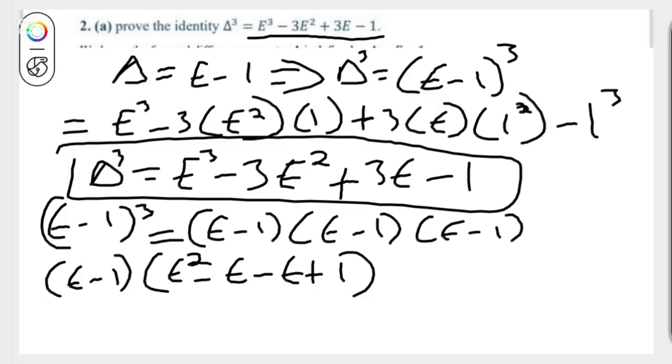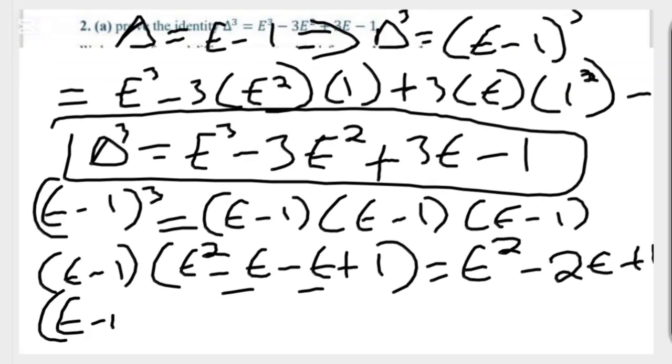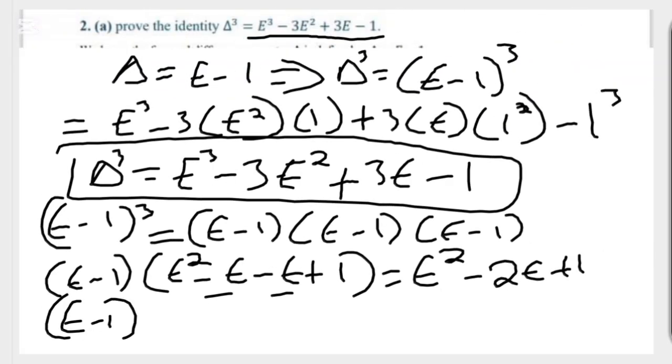So as you can see, I've done with that. This is the same thing as saying it will now become e squared minus e minus e, I'll get minus 2e plus 1. So I'll multiply it by this e minus 1.